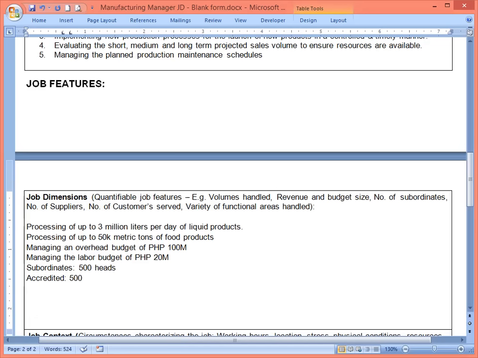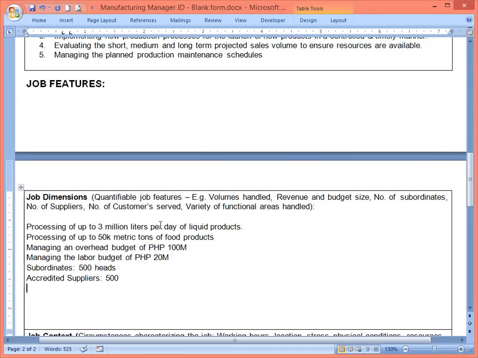The more suppliers we have, the better, because we'll be able to get the right price at the right quality. Don't buy cheap materials with no good quality. It should be a good price, but good quality. Accredited suppliers. Okay, we're almost done.